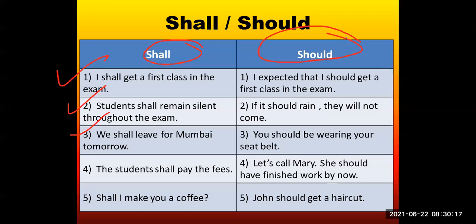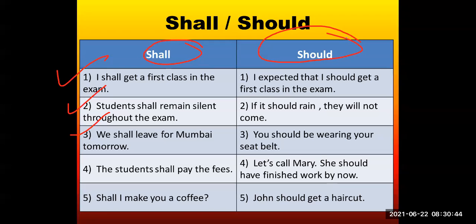Obligation. Fourth example: let's call Mary. She should have finished work by now. It is a probability. And fifth example: John should get a haircut. Here it is a suggestion.